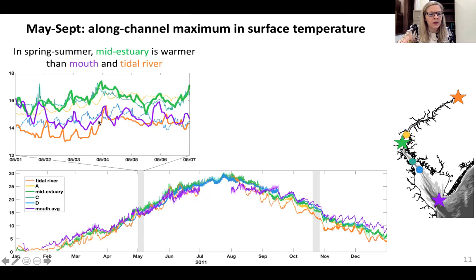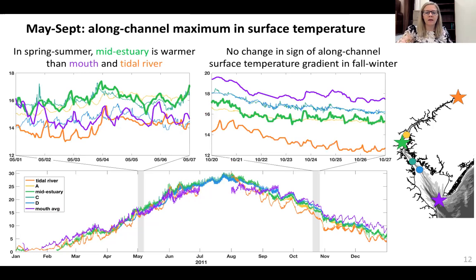Your purple and orange sites, again, your mouth and tidal river, are about 2 degrees cooler than the surface temperature signal mid-estuary. If we contrast this with a week of data in the fall, in this case, we have the warmest temperatures at the mouth and cooler temperature at the tidal river, and you see this mid value at the mid-estuary site.